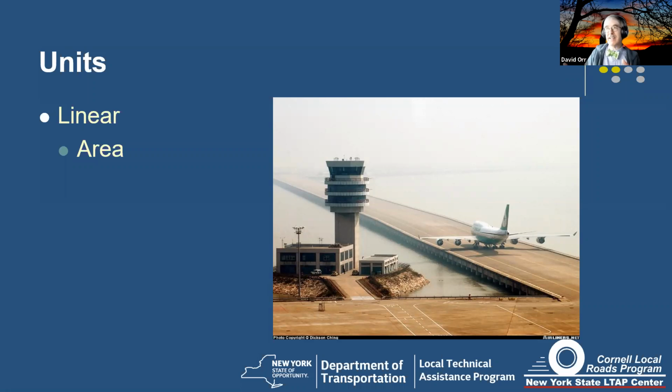So that makes a big difference. So yeah, most of the time we do an area calculation. And the cool thing about that is if we do the area calculation on a 20-foot roadway, we can convert it to a 22-foot roadway very easily. So it's one of the reasons I like to do an area calculation. You just need to pick your units, okay? And we'll do some examples of that.